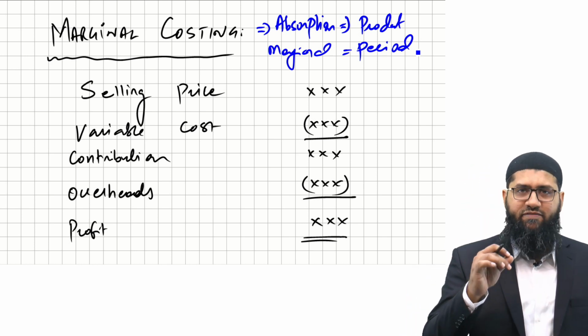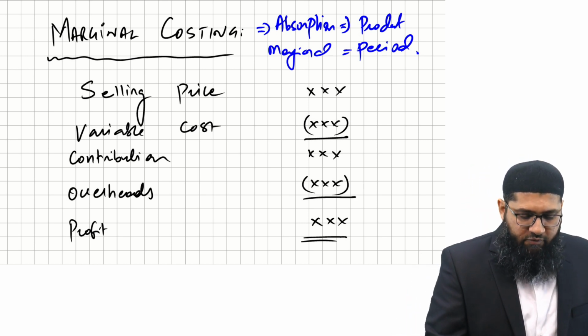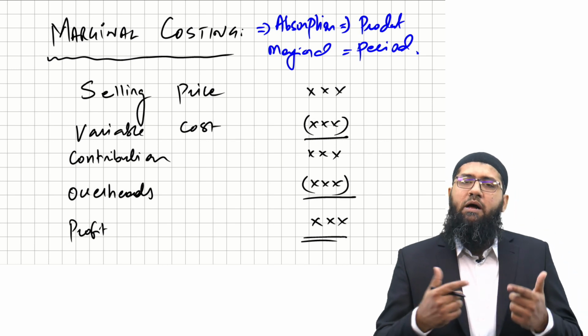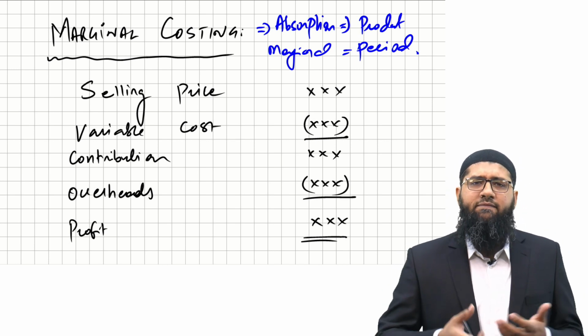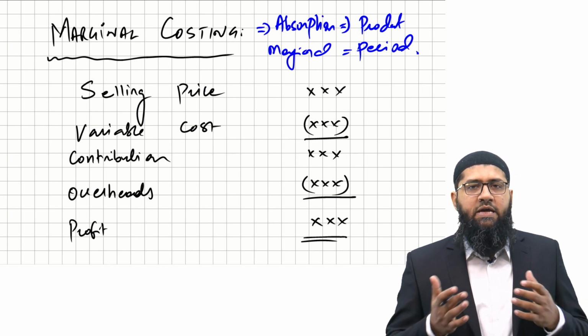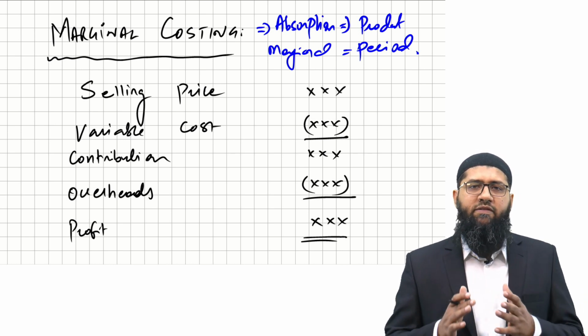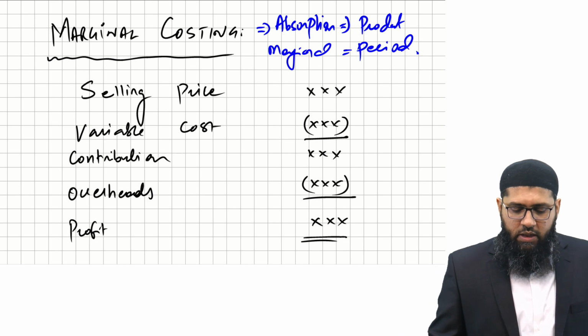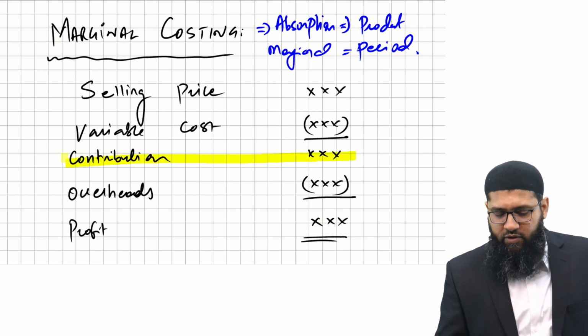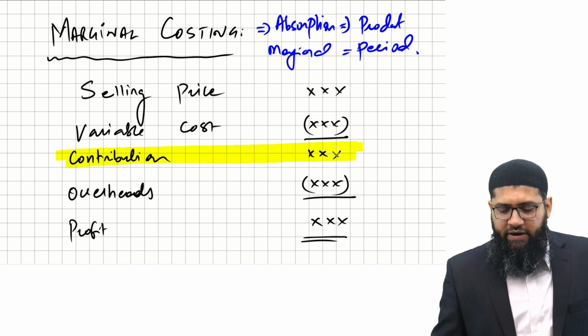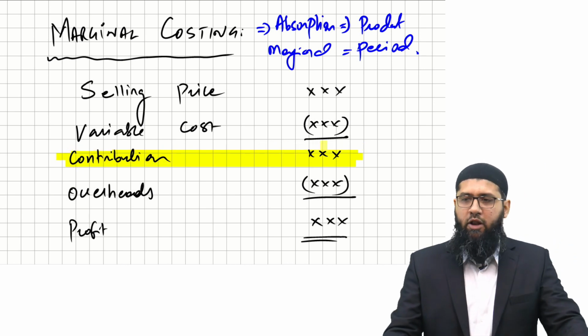Now let's try to understand something. Marginal costing is majorly used for decision making purposes, that is, whenever you have to make certain decisions. Under marginal costing, the terminology of contribution is a very, very important terminology.